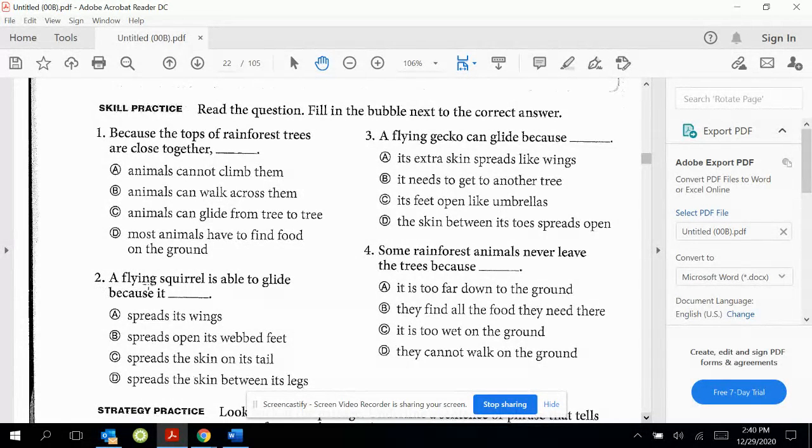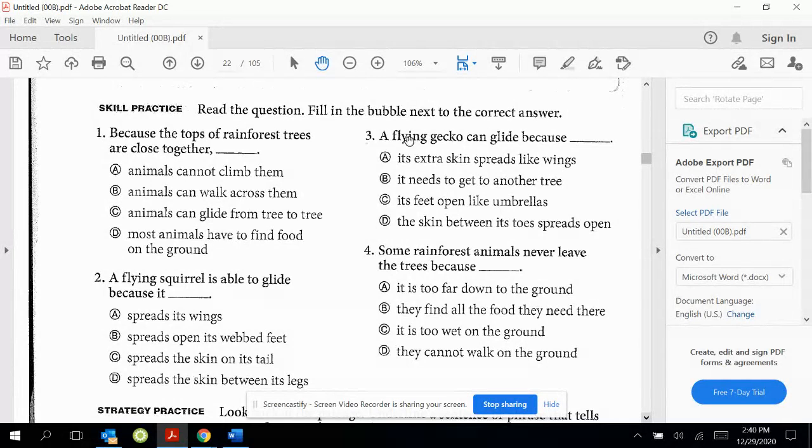Number 2, a flying squirrel is able to glide because A, it spreads its wings, B, it spreads open its webbed feet, C, it spreads the skin on its tail, D, it spreads the skin between its legs.